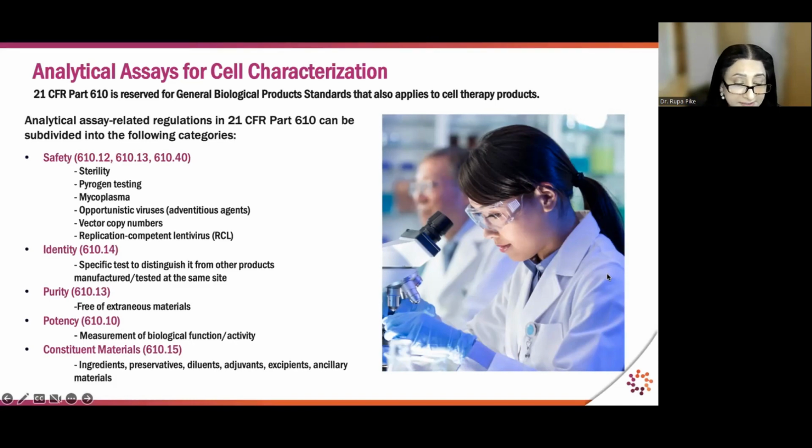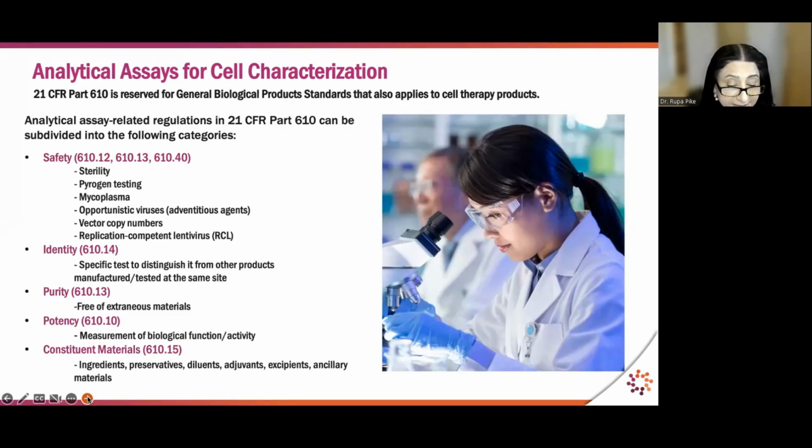Safety, as you can see, includes sterility, pyrogen testing, mycoplasma, adventitious agents, vector copy number, and replication competent lentivirus. The last two apply to gene modified cell therapies using vectors, and the last one specifically using lentivirus.